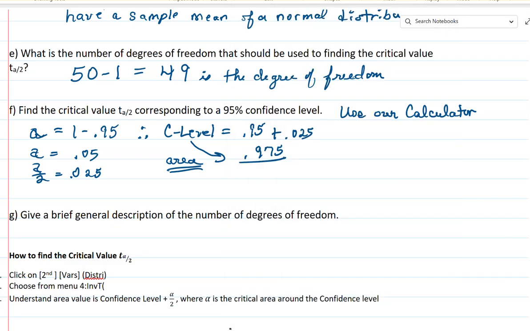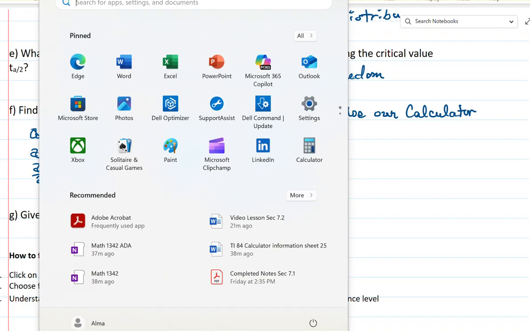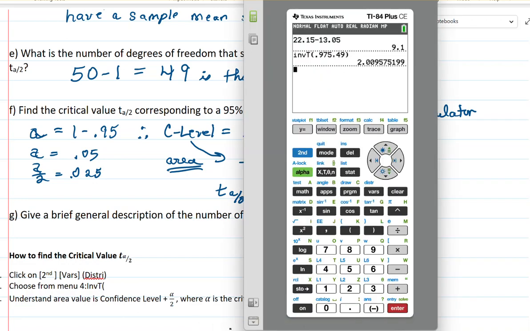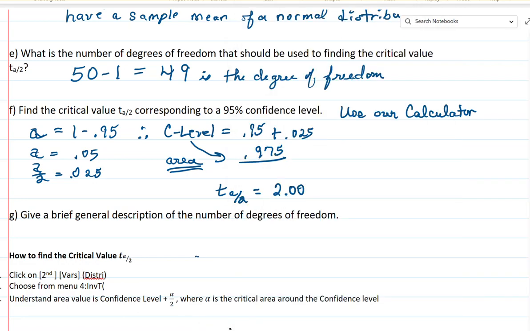And we want to round to 2 decimal places. So the t alpha divided by 2 is 2.00. All right, is everybody comfortable with that? I think it was 2.00. Let me look back at my calculator. Oh, I'm sorry, 2.01. That's what I get for not copying it down on the page, but I will.